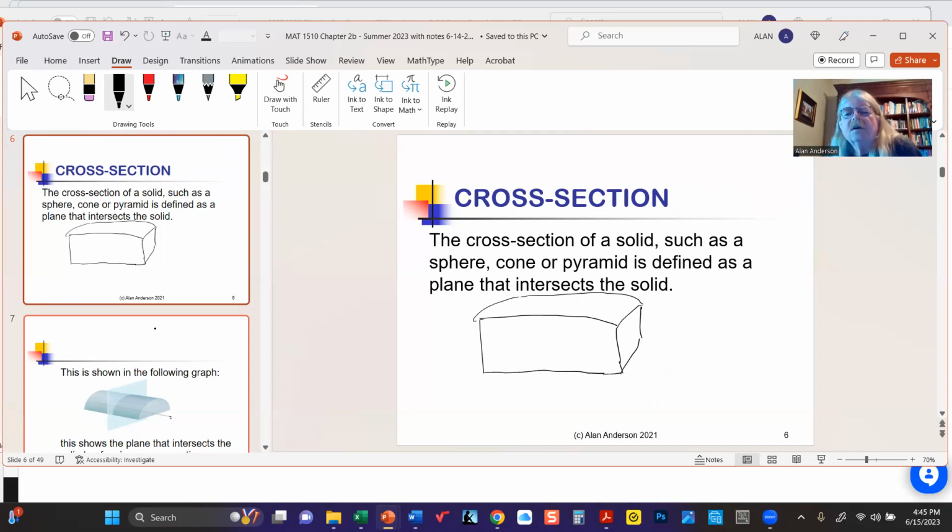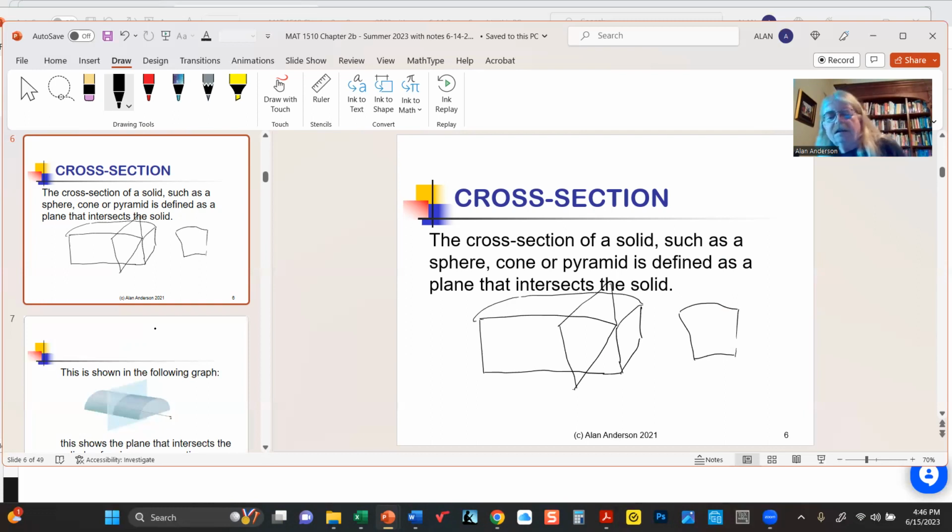Okay, so in other words, a cross section would mean imagine I take a knife and cut right down through the bread, and what results in 2 dimensions is this.